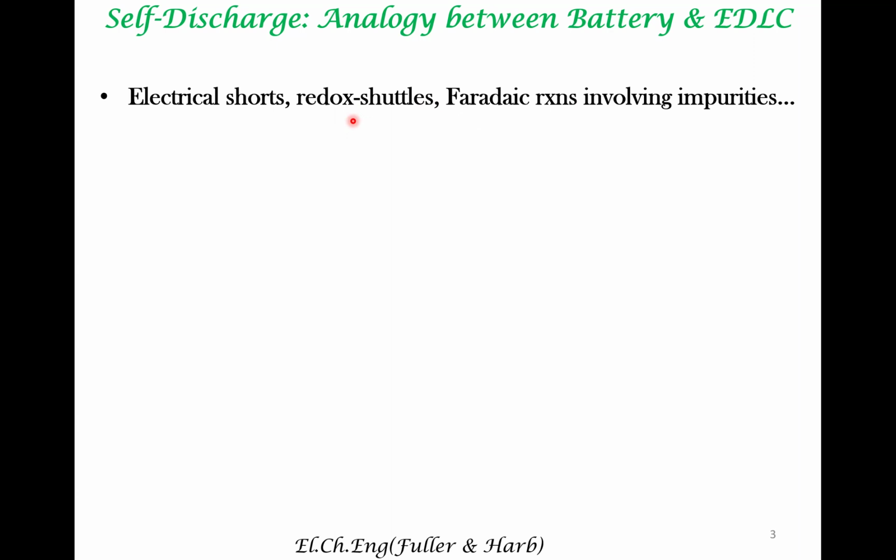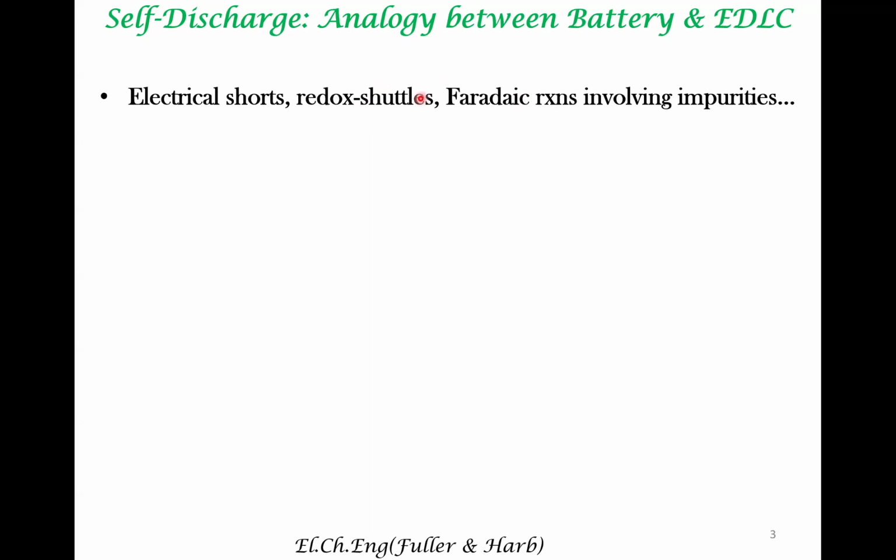Similar mechanisms can be envisaged in a capacitor too. So there are many different reasons, right? One of the main points in a battery when there's a dramatic self-discharge is via electrical shorts. And there are other ways; these are the two other ways which we thought through.